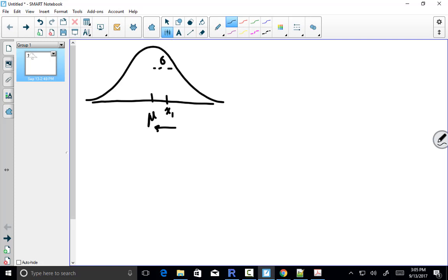And the closer you are to mu, the taller the probability function is. There's more probability density around points that are closer to the mean. And the further out you get, like this point, that's very far away from the mean, the PDF is going to be really close to 0 at that point.